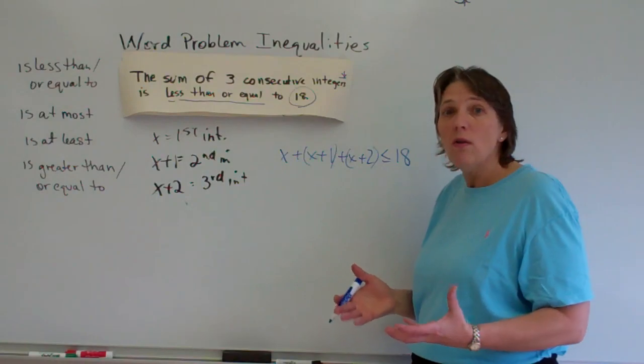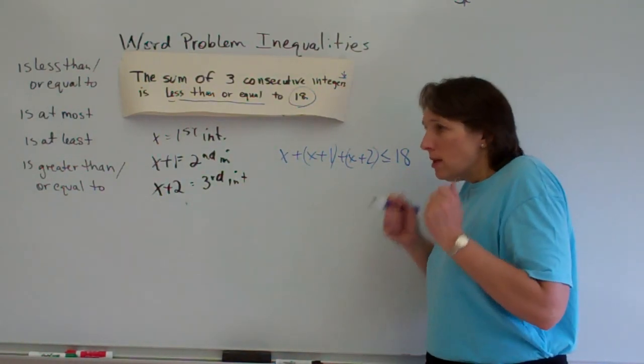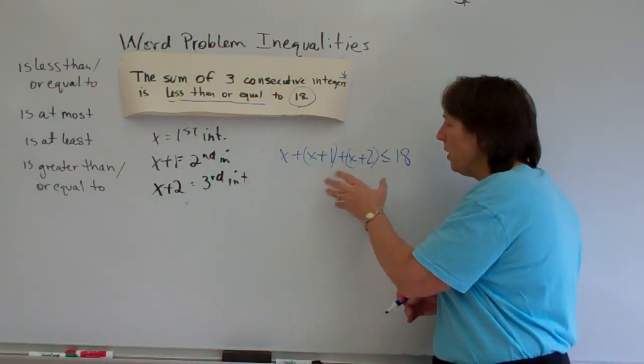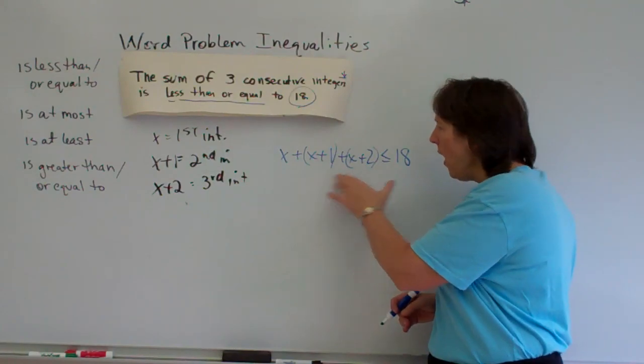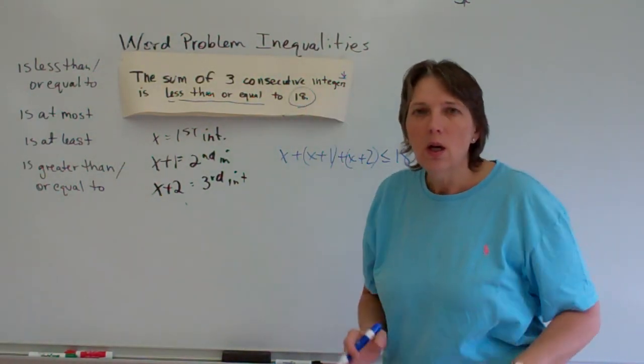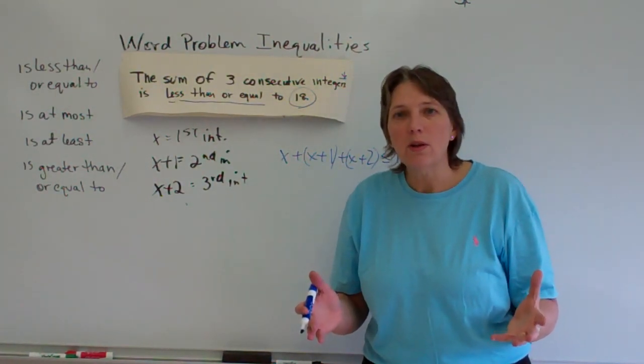So now we just solve it like we do a basic equation. Sometimes students want to move everything over and start trying to move the 1 and the 2 separately, so they subtract 1 from both sides and then subtract 2. You're looking for a headache because you're going to make some careless mistakes.